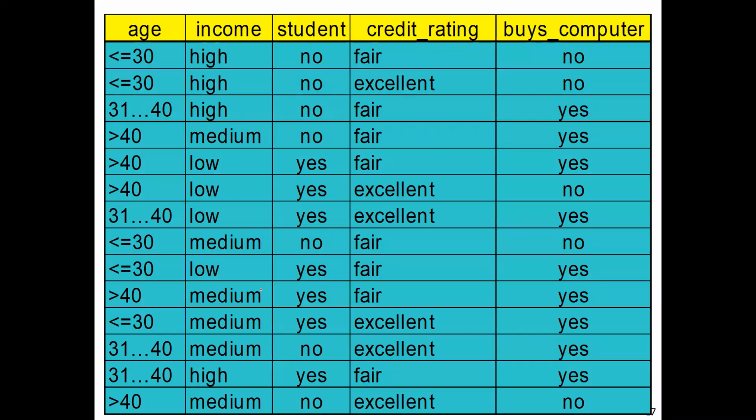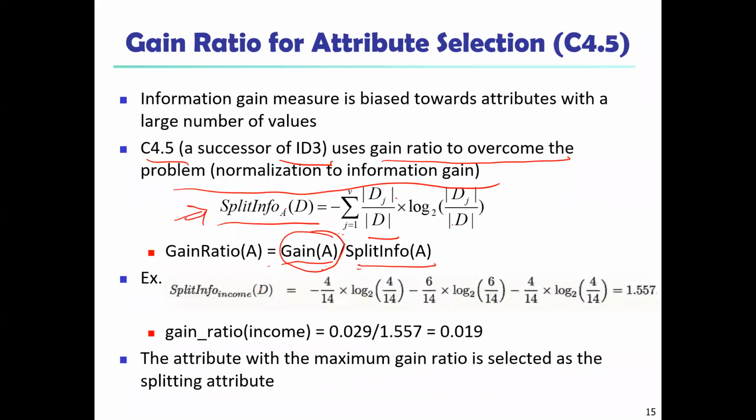As we can see in this data set, we have income with values high, medium, low, medium, like this. Three values are there: high, medium, low. Now we need to find for each of them.